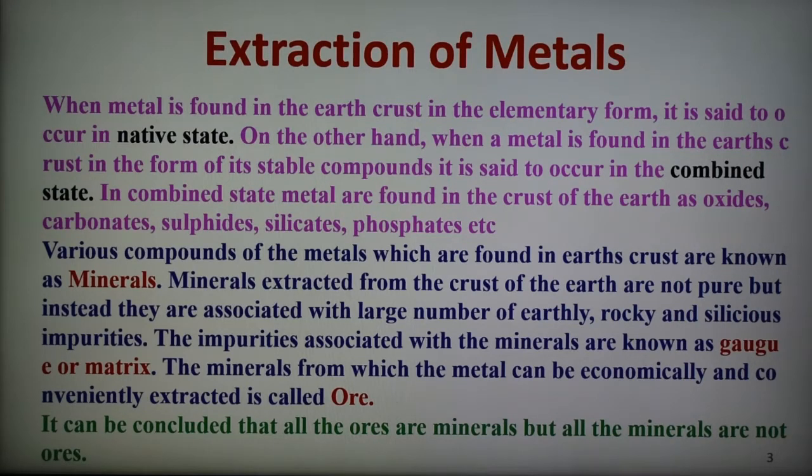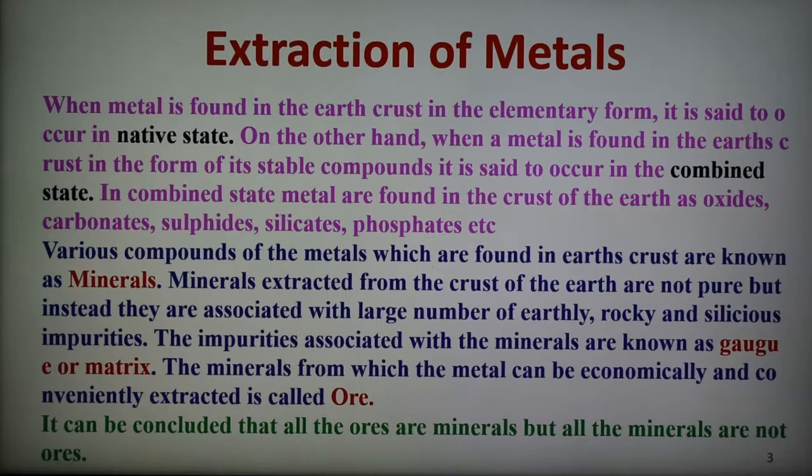In the combined state, the metals are generally found in the earth crust as oxide, carbonate, sulfide, silicate, phosphate, and so on. The various compounds of the metals which are found in the earth crust are known as minerals. So what is a mineral? The minerals are those compounds of the element which occur in nature.